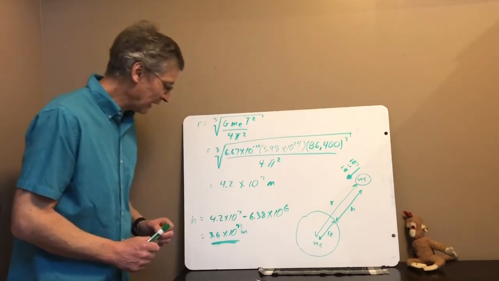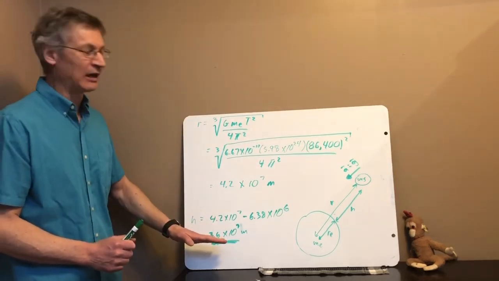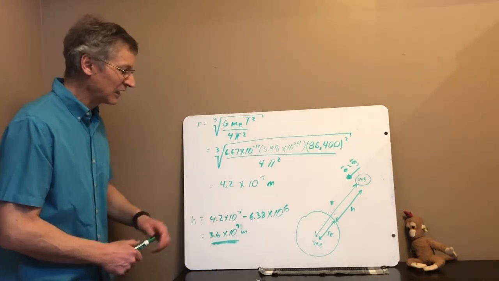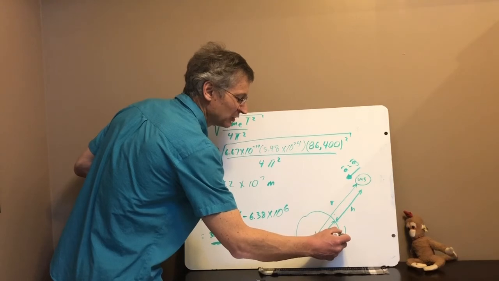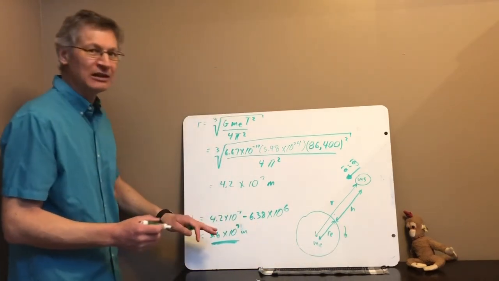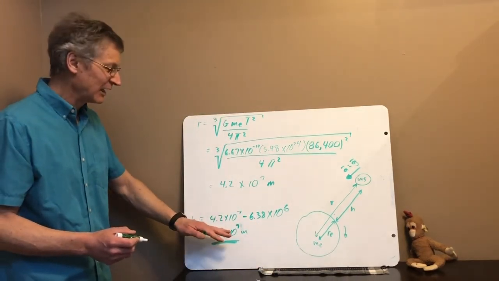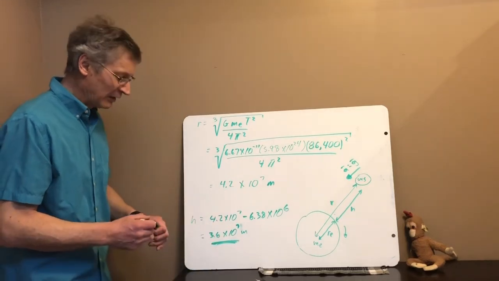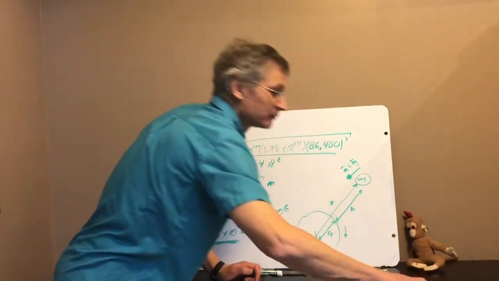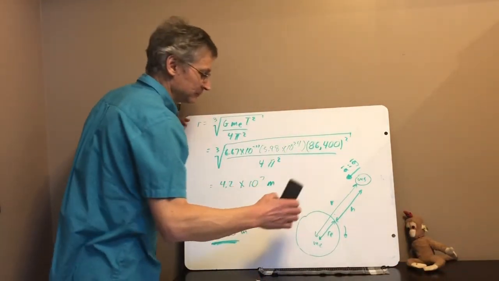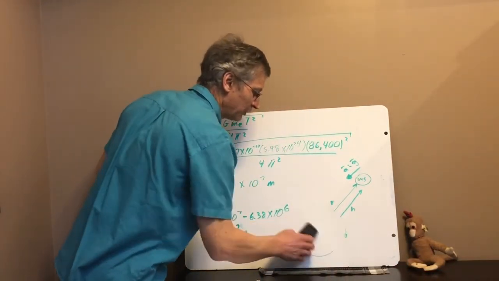Okay, now just how high is that? Is that like skimming the surface of the Earth barely, like the International Space Station? Let's take a second and see if we can figure out just how high that is, without doing any super complicated calculation.